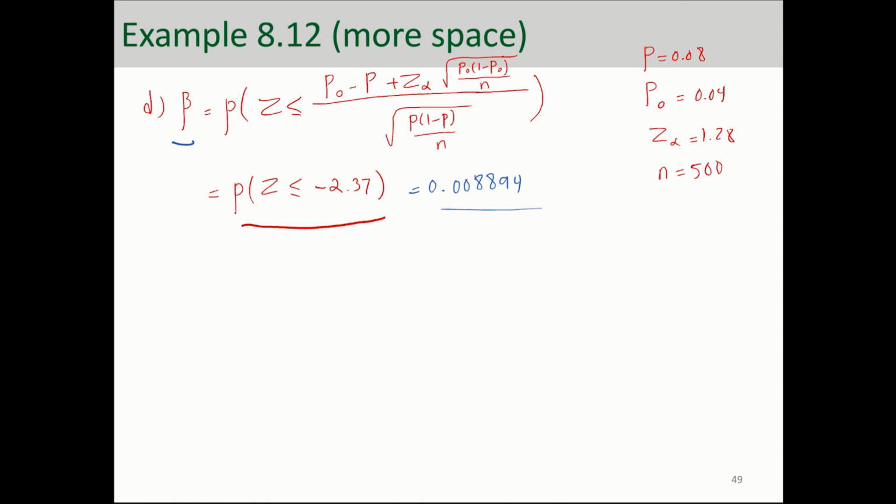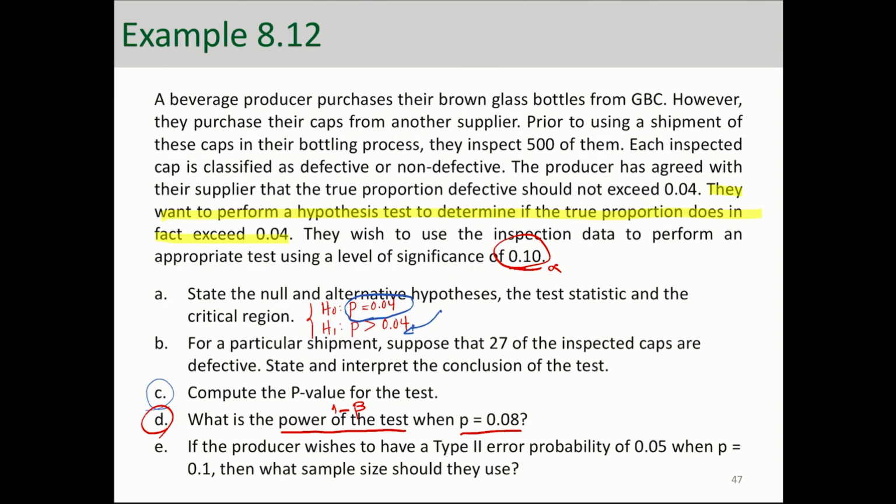And type 2 error is probability of failing to reject the null hypothesis when the null hypothesis was false. And 1 minus beta is power of the test. So 1 minus this number is about 0.9911, and that is the power of the test. And remember, to calculate beta, you need to have the population proportion. It should be given to you.